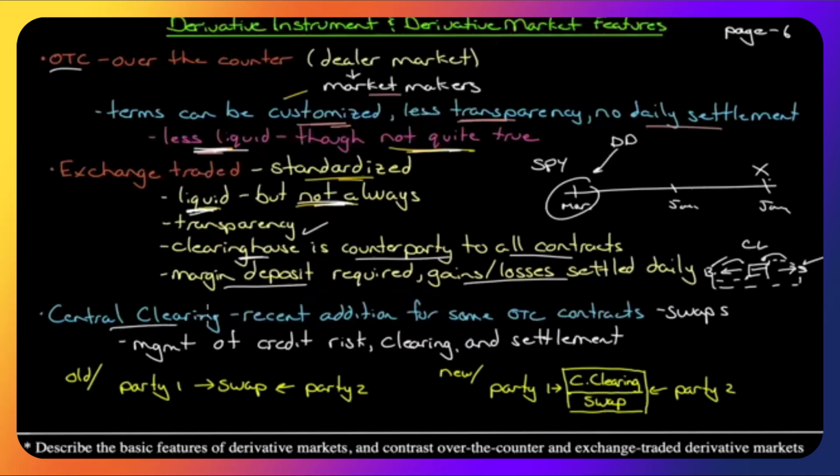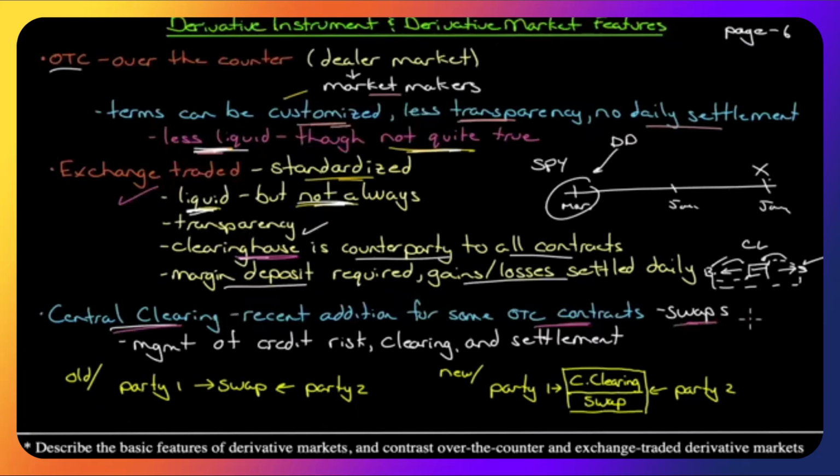There is something called central clearing, and this is a recent addition for some OTC contracts because the clearinghouse is specifically an exchange traded thing. There's always a clearinghouse if it's exchange traded. Not so much if it's over the counter, but more and more so, central clearing is being required only because there's so much systemic risk that could exist in the OTC market. There has to be some way to control that risk.